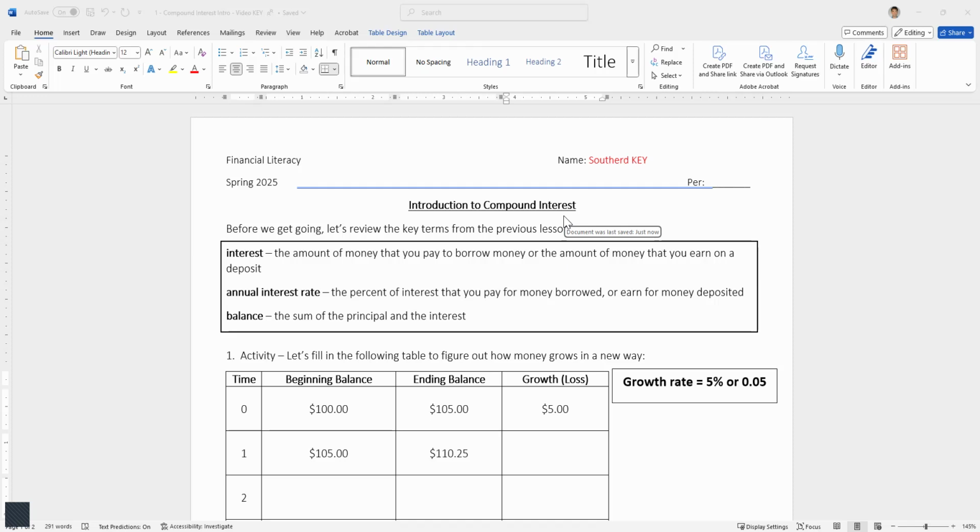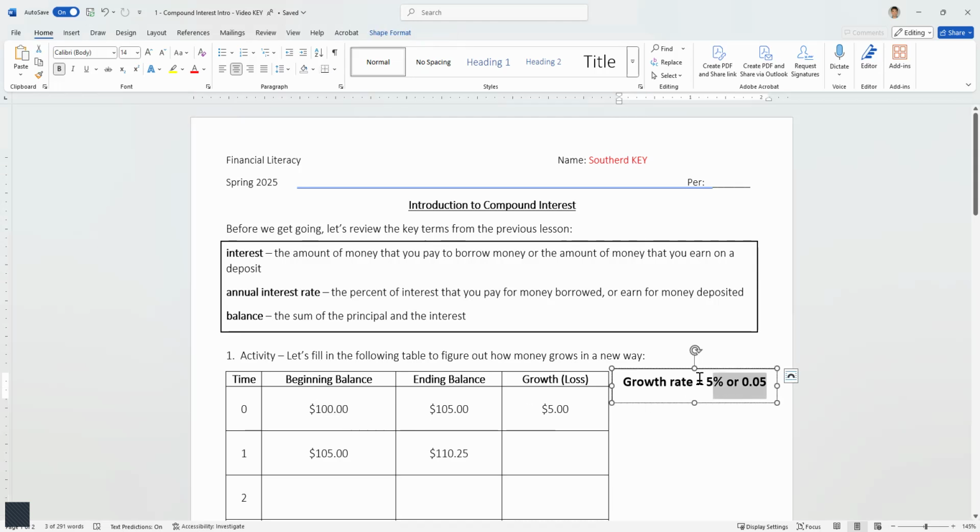And so I'm hoping to use these tables as a way to teach you how compound simply just means that, hey, we're going to take a sum of money, say, or a pot of money, say $100, and we're going to grow it at some rate, in this case, 5%. And every time period, we're going to go ahead and increase the base and reset the base to a higher amount.